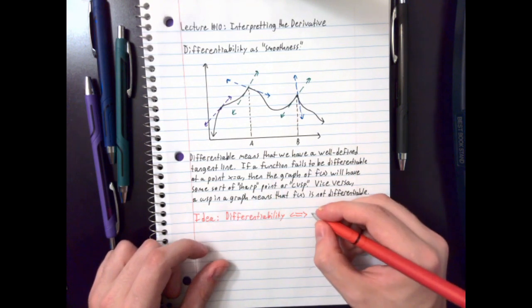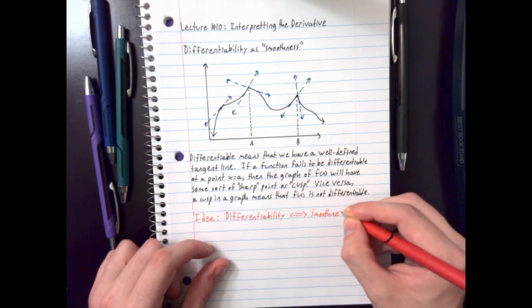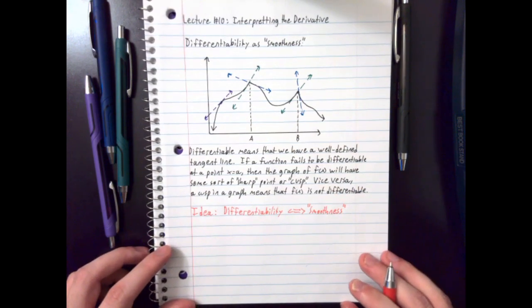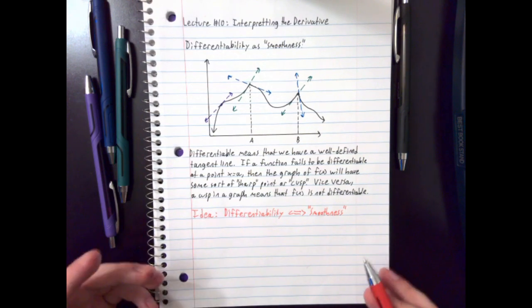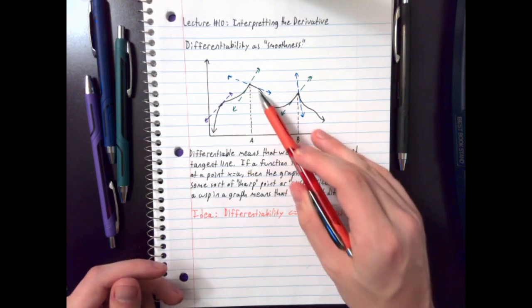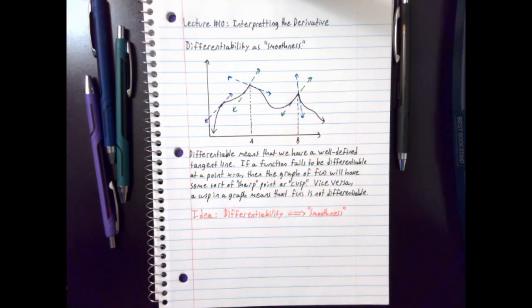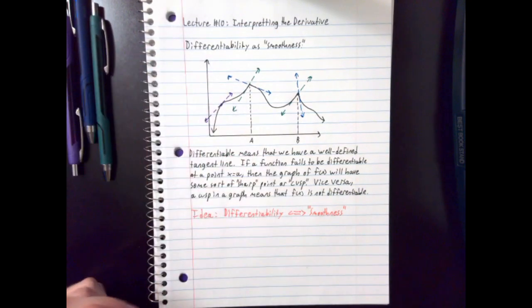So differentiability is really the same thing as "smoothness." I'll put this in quotation marks because I haven't rigorously defined what smoothness of a graph is, but I think at least intuitively it should be obvious what we mean by a smooth graph and a sharp point in the graph. Okay, so that's differentiability as smoothness.